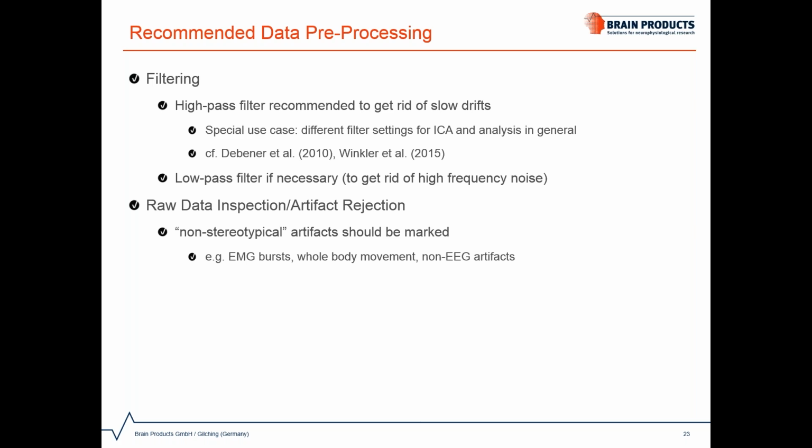However, non-stereotypical artifacts like EMG bursts or whole body movements do not occur regularly. So the danger is that every occasion of such an artifact is in the end unmixed to an individual component. And if that happens a lot, your maximum amount of components is reached very quickly, and there might not be enough components available to decompose the source signals that you are really interested in.